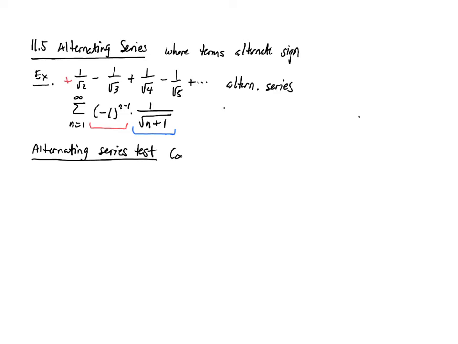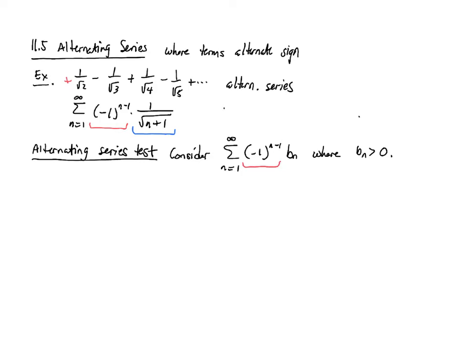So you start with a series that looks like the one we had above, the sum n equals 1 to infinity, negative 1 to the n minus 1 times bn, where those bn's are going to be strictly positive. Okay, so this is exactly indicating that the sign is all inside the powers of negative 1, and those powers are going back and forth, plus, minus, plus, minus.